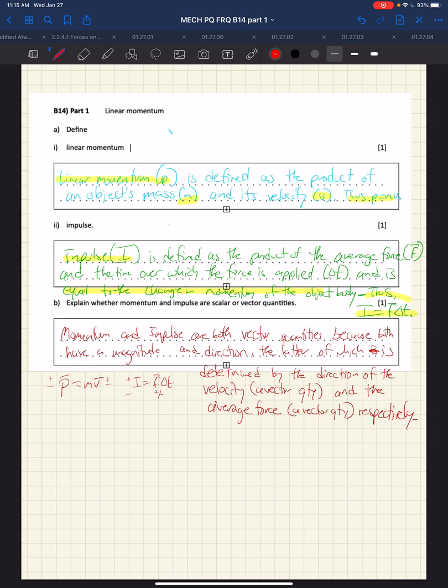Of course, respectively refers to momentum with velocity and impulse with average force.